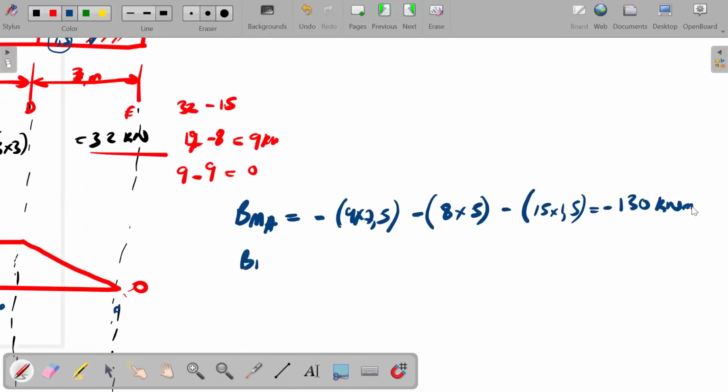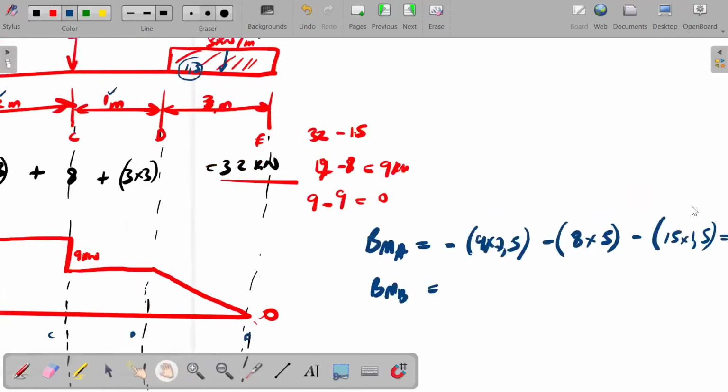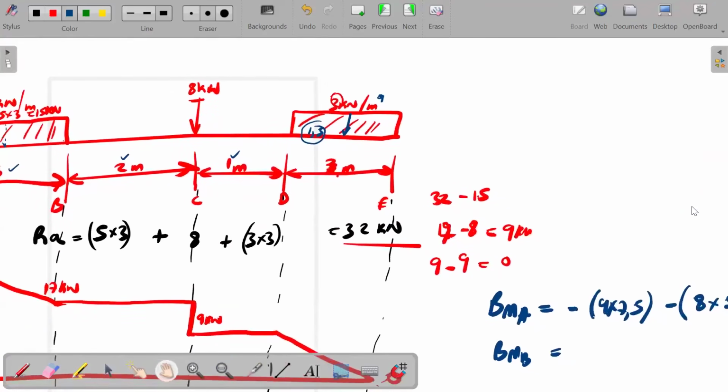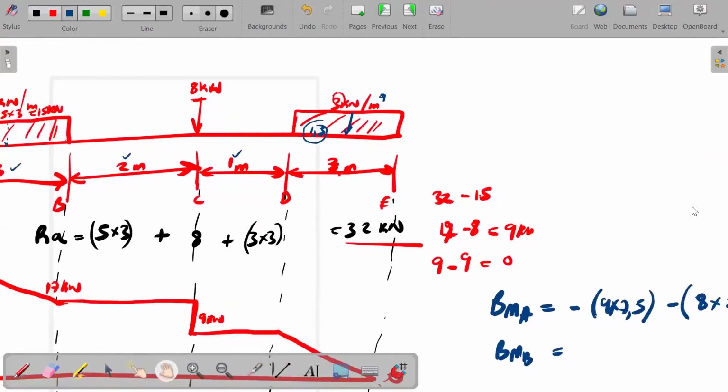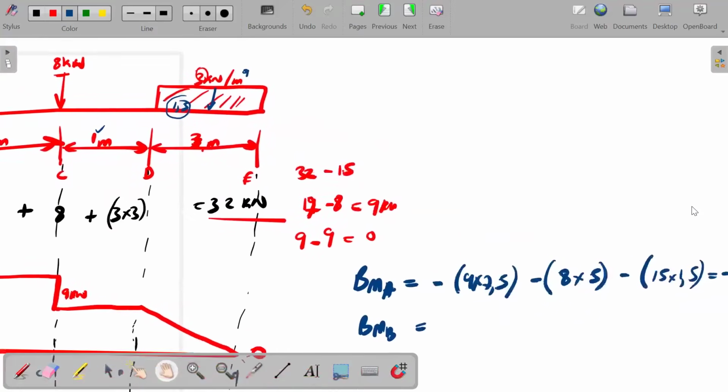Let's go to the bending moments at B. So we'll start again. At B this time around, B is at this point. So start again from the furthest, 9, our distributed load here. 9 multiplied by what is the distance? 1.5 plus 1 plus 2, that's 4.5.